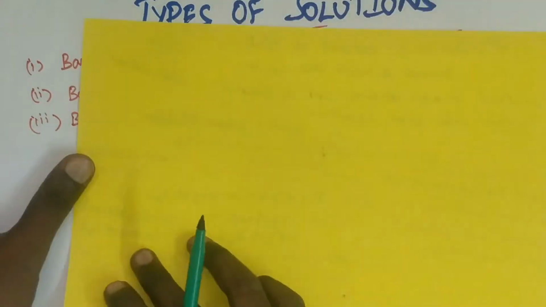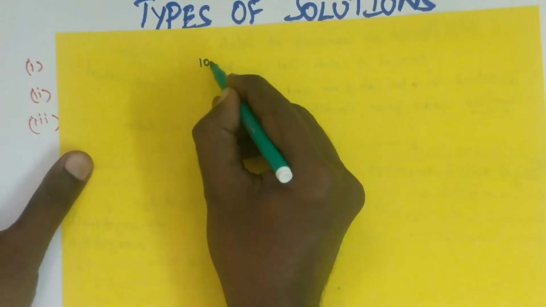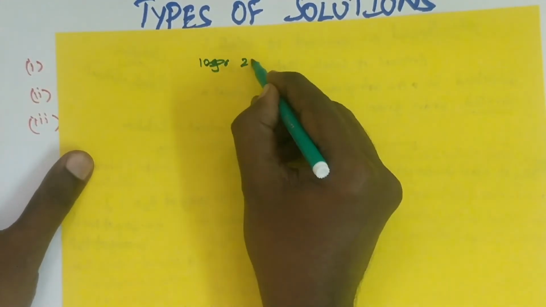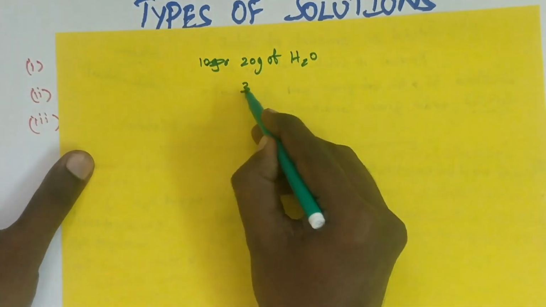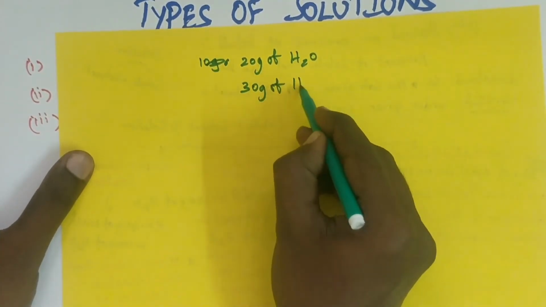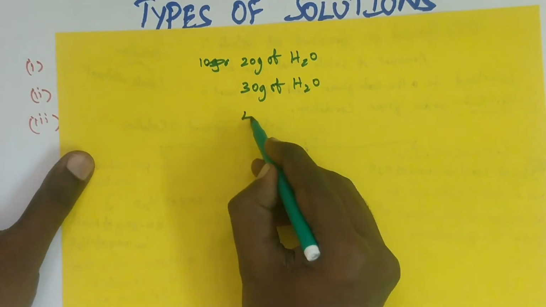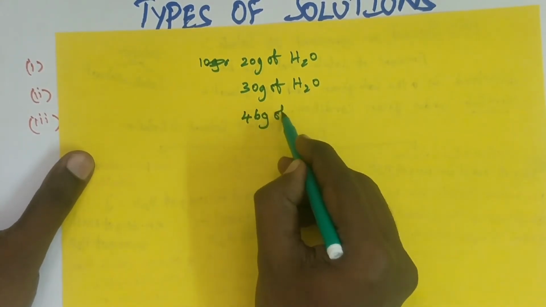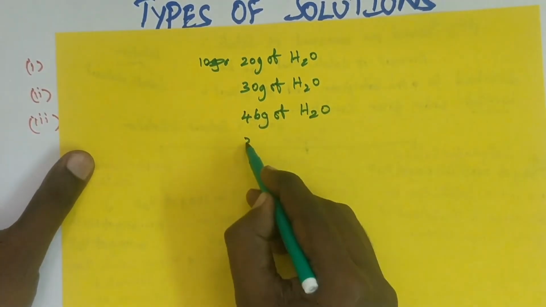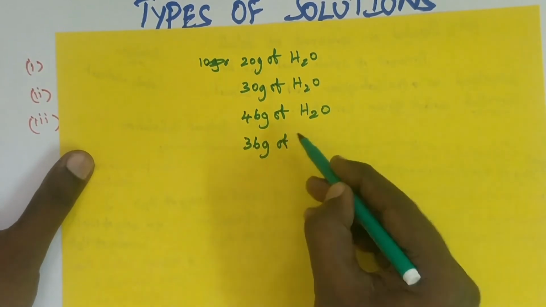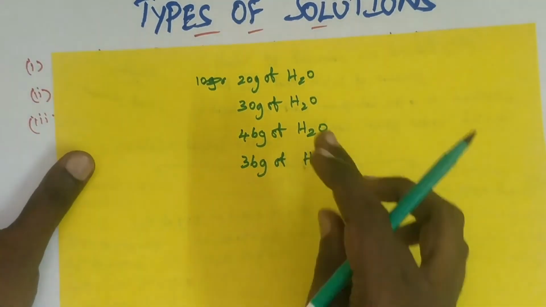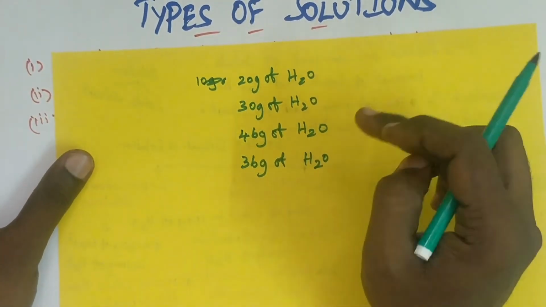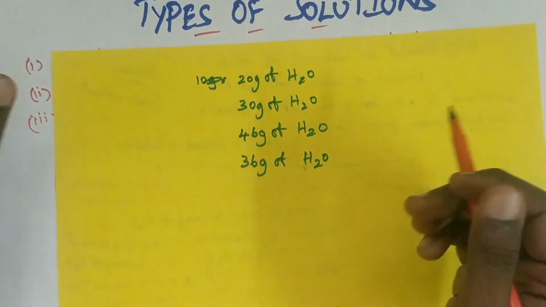So in the exam maybe they will ask, they give examples. Suppose 20 gram, 30 gram, 46 gram, 36 gram. Identify the type of solution, whether it is saturated, unsaturated or supersaturated. You have to identify.